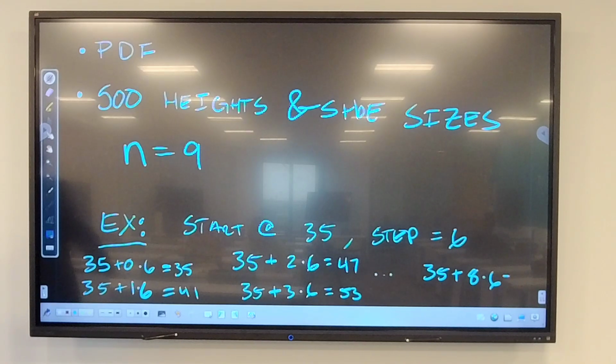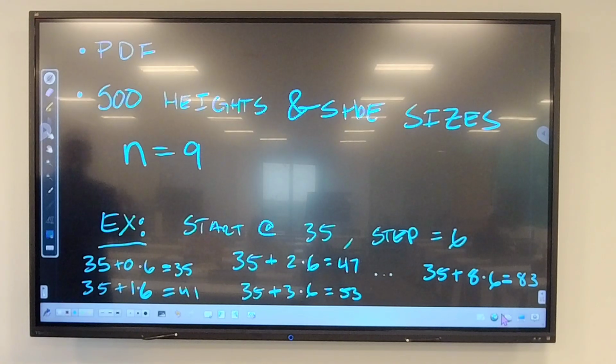And then my last one here would be 35 plus 6 times 8, which is 48. So 48 and 35 is 50 and 33, so it's 83. All right, and that's a systematic sample.